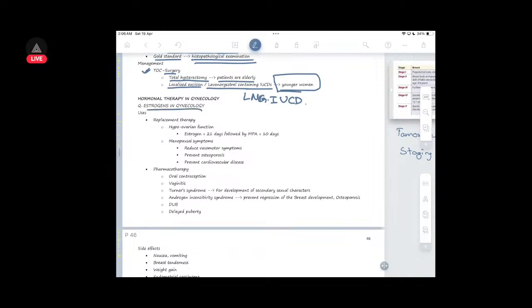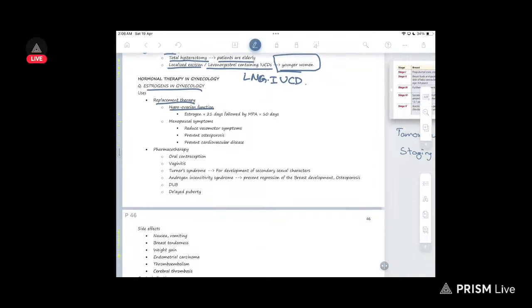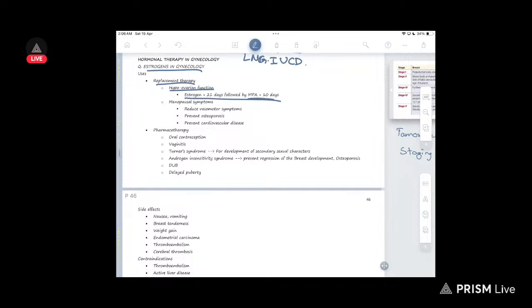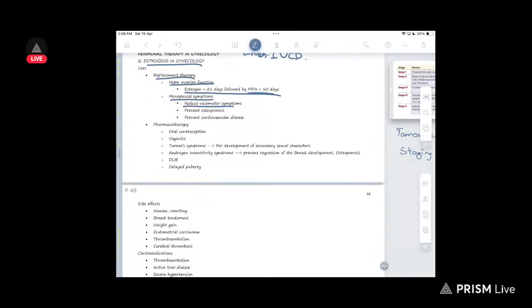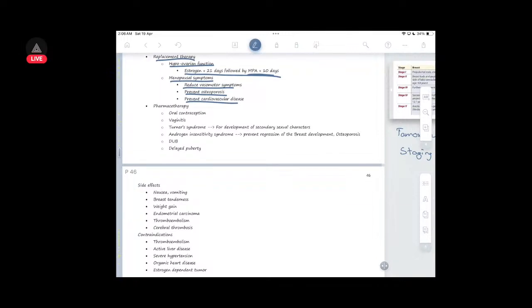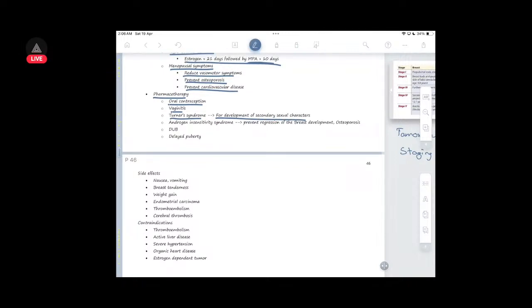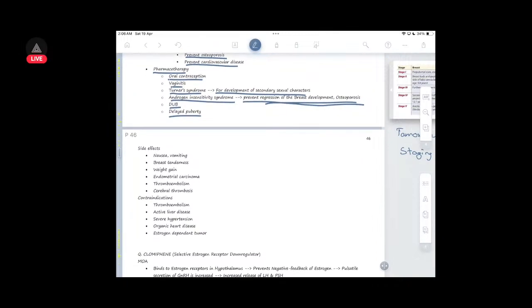Estrogen in gynecology: you have replacement therapy for ovarian function, estrogen for 21 days, followed by medroxyprogesterone acetate for 10 days. Then menopausal symptoms: reduce vasomotor symptoms, prevent osteoporosis, prevent cardiovascular diseases. Pharmacologically, you have oral contraceptive, vaginitis, Turner syndrome for development of sexual characters, androgen insensitivity syndrome to prevent regression of breast development, osteoporosis, dysfunctional uterine bleeding, and delayed puberty also you can provide.